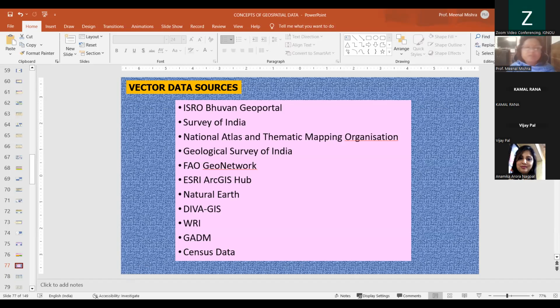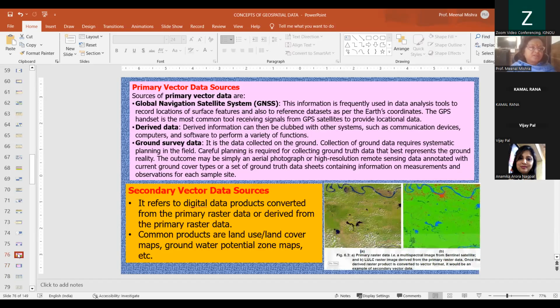These were the primary vector data sources. And when you convert your primary raster data to vector data, that becomes a secondary vector data source. The common products are land use and land cover maps and groundwater potential zones. So these are all secondary vector data.